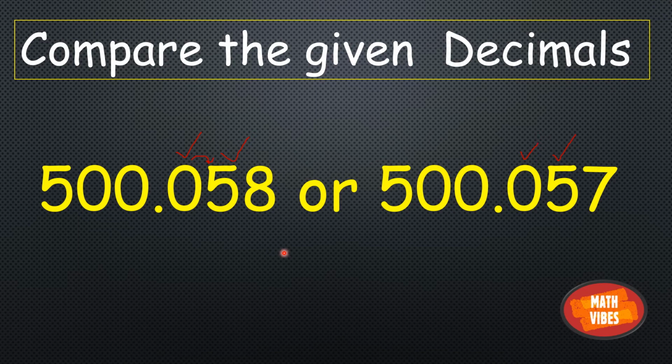जब तक same number आते जा रहे हैं ना, तब तक next right side पे जाते जाओ. ओके, रूल 2 में अगर 10th में सेम आ गया है, डोंट वरी, गो टू 100th प्लेस. अगर 100th पे सेम आ गया है, डोंट वरी, गो टू 1000th प्लेस. आगे आके चलते जाओ, कहीं तो कोई ऐसा नंबर मिल ही जाएगा ना जो बड़ा होगा. लाइक यहाँ पे 10th पे सेम था, 100th पे सेम था, बट यहाँ 1000th में तो सेम नहीं आ रहा. ओके, सो 1000th में यहाँ पे 8 है और यहाँ पे 7 है, एंड वी नो दैट 8 इज ग्रेटर देन 7. 8 7 से बड़ा है, तो अगर 8 7 से बड़ा है तो ये सारा नंबर भी बड़ा होगा.